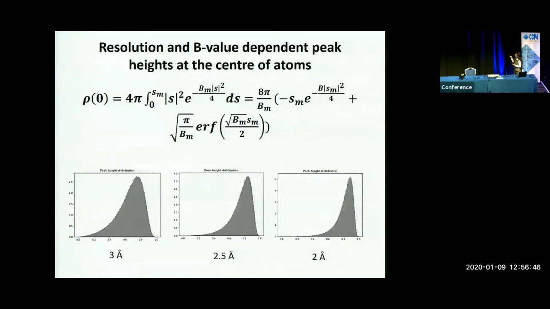Here you can see that the peak height depends on B-values as well as the resolution. You can observe that as resolution rises, the distribution becomes more narrow. Hence, at a higher resolution, little differences in B-values have a much more dramatic effect on density level than at lower resolution.